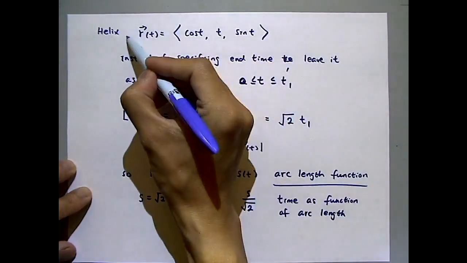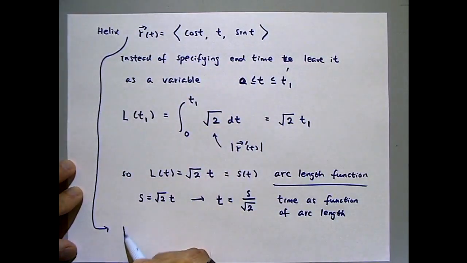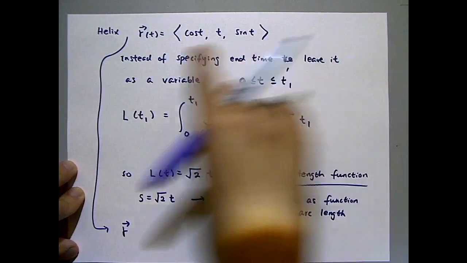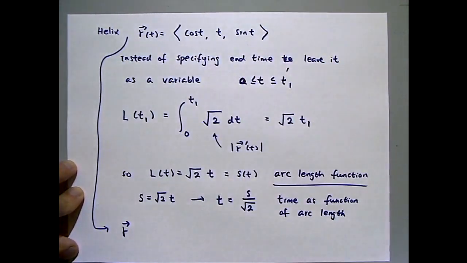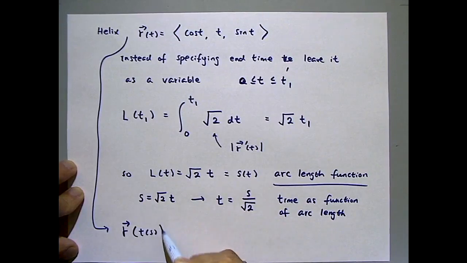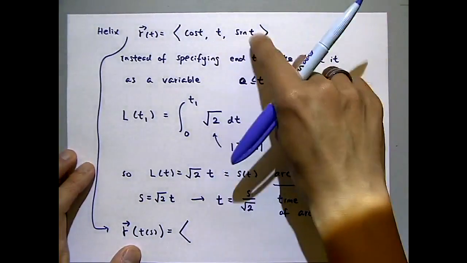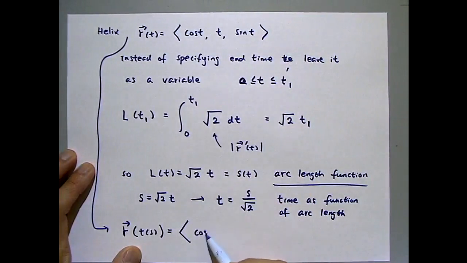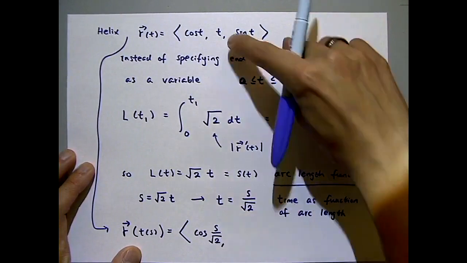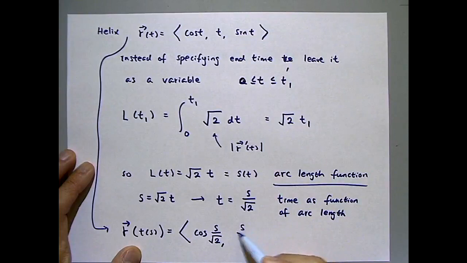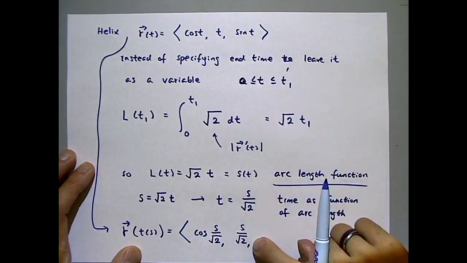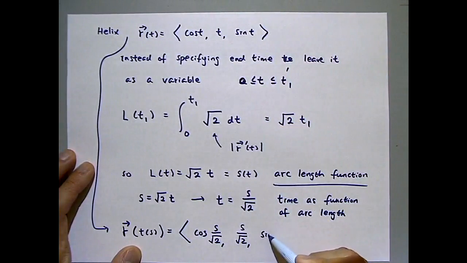So this means I could parameterize my space curve not with t, but with s. So I could rewrite my space curve, cosine t, sine t, as cosine of s over radical 2 and sine of s over radical 2.